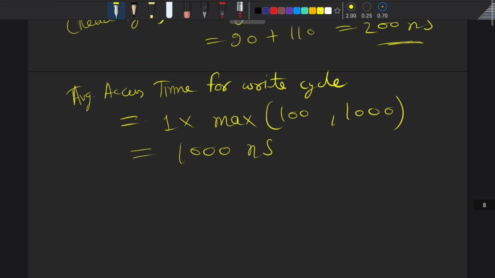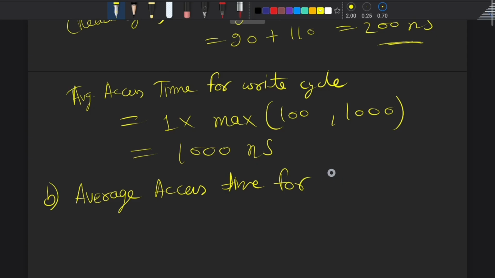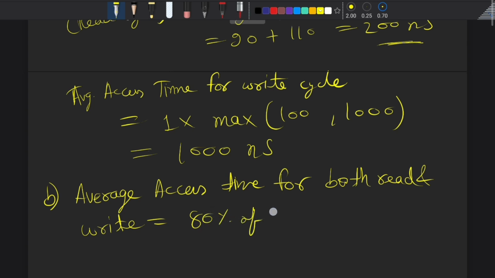Now let's move forward to our next question, that is what is the average access time for both read and write cycle. So average access time for both read and write is equal to, so of course there are 80% of read requests and 20% of write requests.